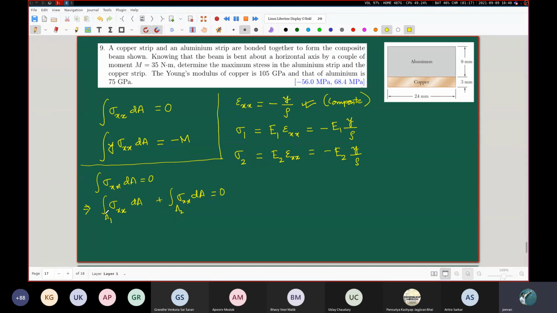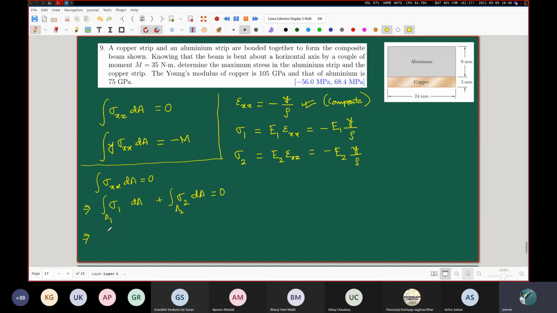Now over the area 1, which is just made of one type of material, you can simply substitute this one, sigma 1. I think it will be less confusing if I just directly write this as sigma 1 and this also directly as sigma 2, denoting absolutely clearly that we are indeed taking these areas A1 and A2 over those regions where only one type of material is present.